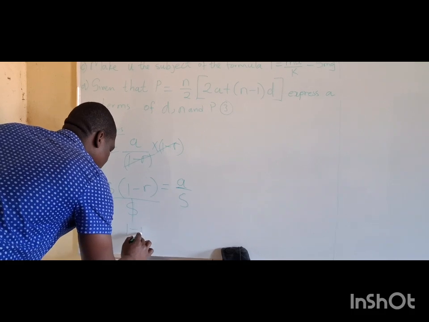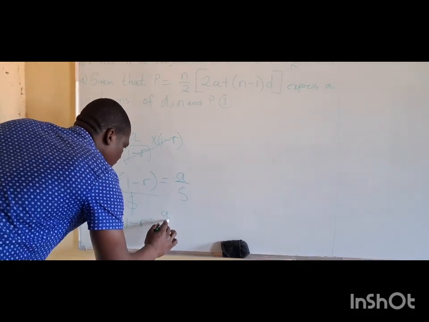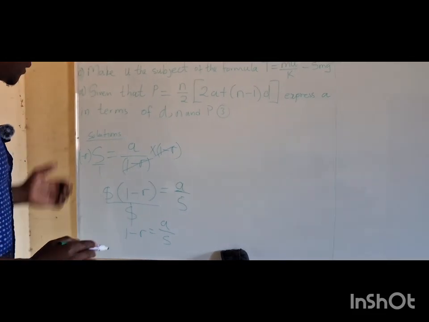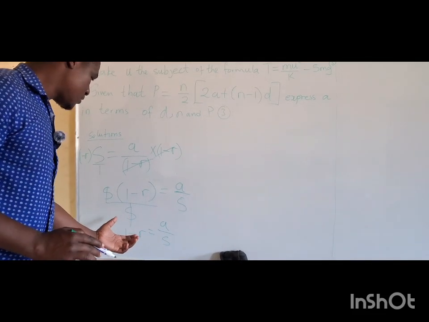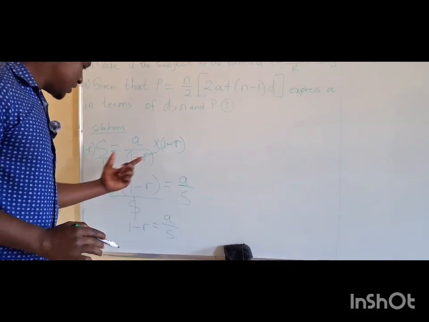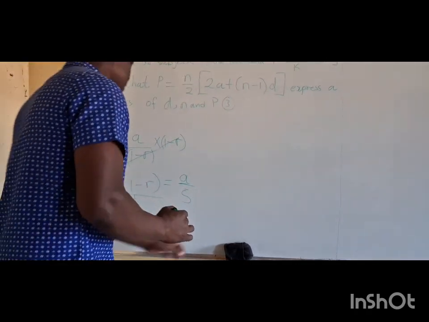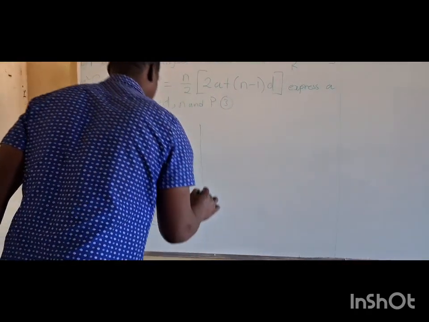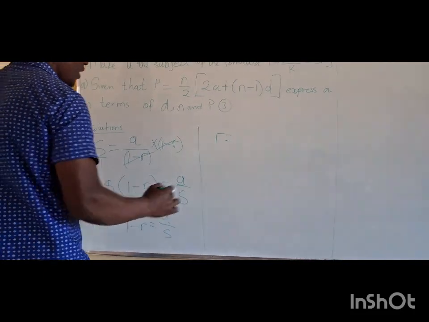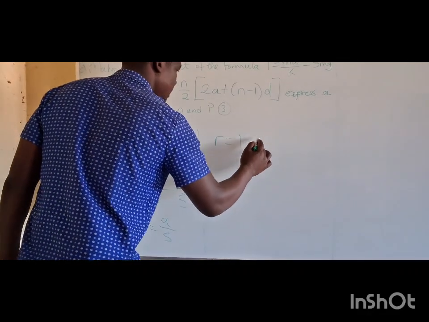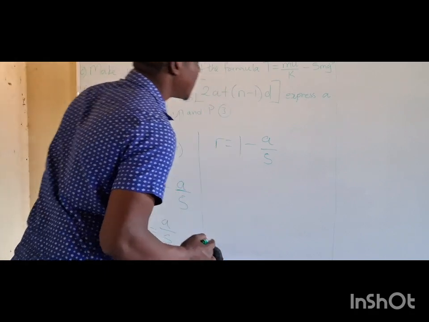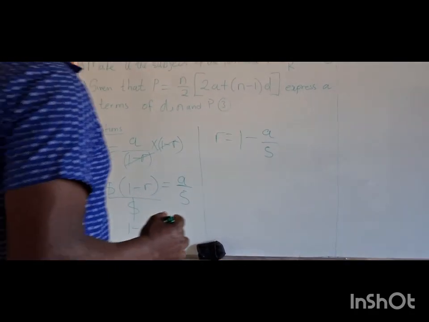We are having 1 minus R is equal to A over S. Right, we want R to be the subject, so you move R to that side and A over S to this side, or vice versa. So what are we saying? We are saying R is equal to 1 minus A over S. That's how you make R the subject there.